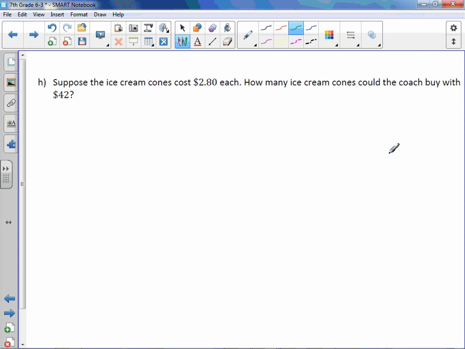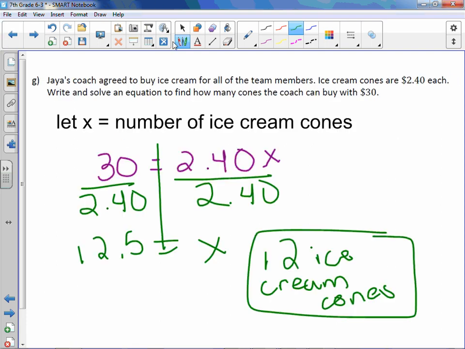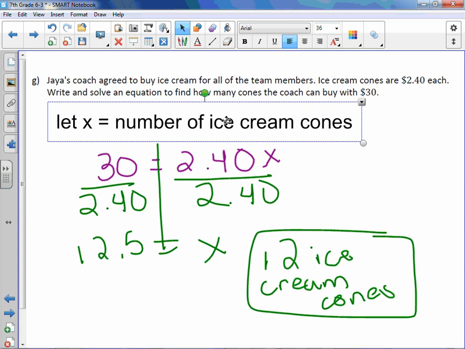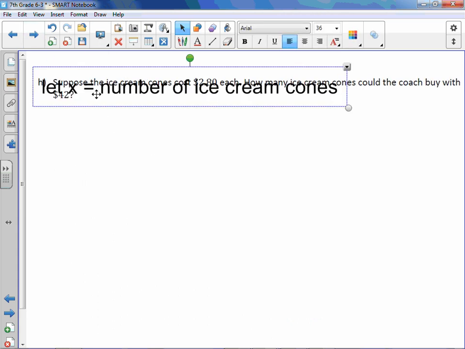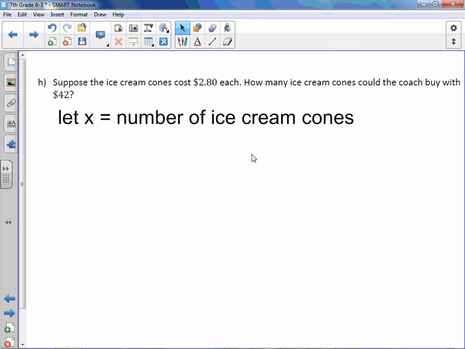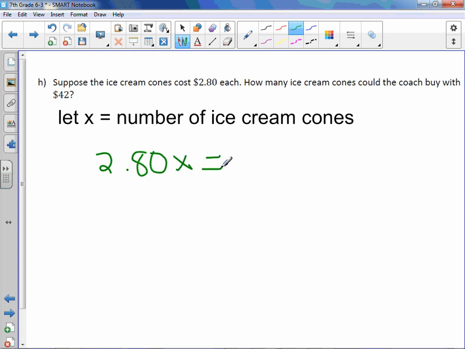Letter H. Suppose the ice cream cones are $2.80 each. How many ice cream cones could the coach buy with $42? Okay, so I'm going to keep the same let statement as before, which is let x equal the number of ice cream cones. Okay, and we know we have $2.80 times x equals this time $42.